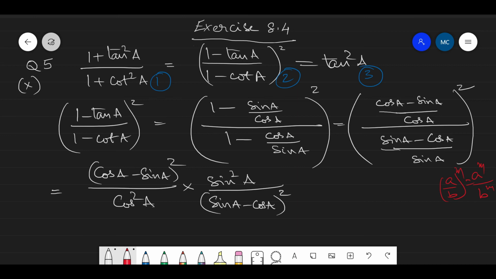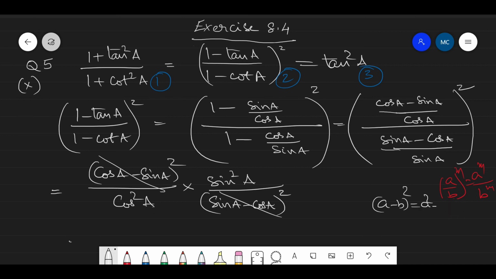Now you can cancel this cos A minus sin A whole square with sin A minus cos A whole square. You can ask me, sir, why both are different now? Then I will say one thing. What is A minus B whole square?